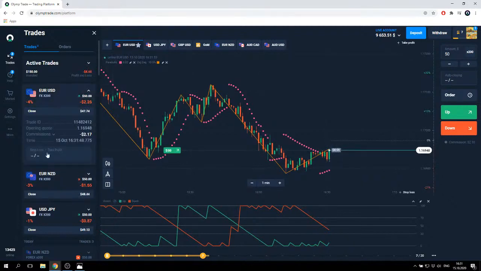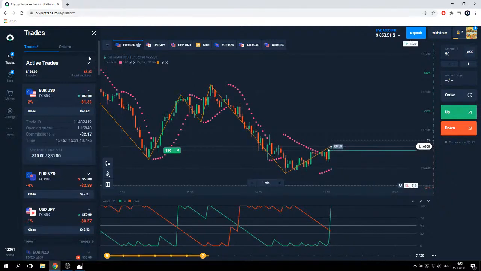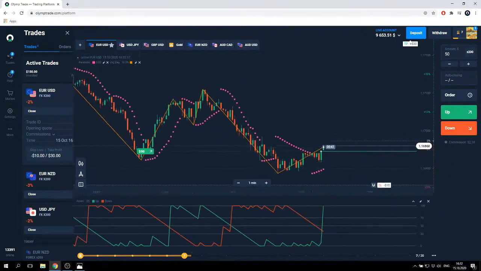Okay, so what we'll do is set up the stop loss again, and that would be generally minus 10 to 30, right, and apply. So here we have set up a strong stop loss and take profit with a 1:3 ratio. Why?